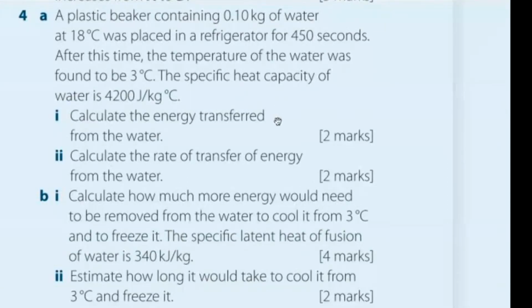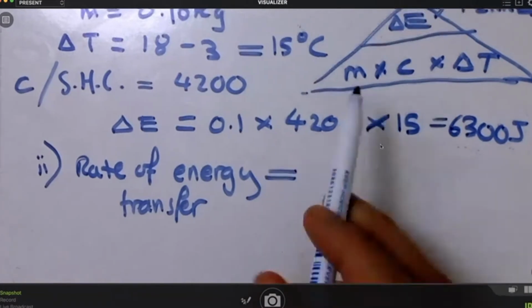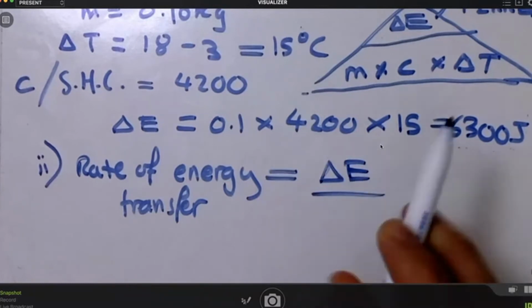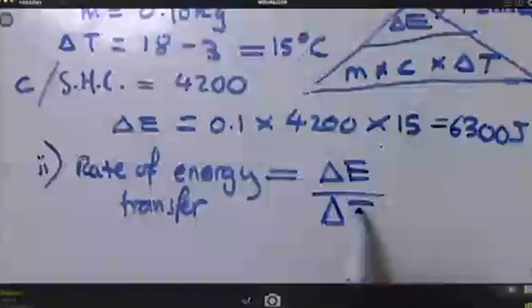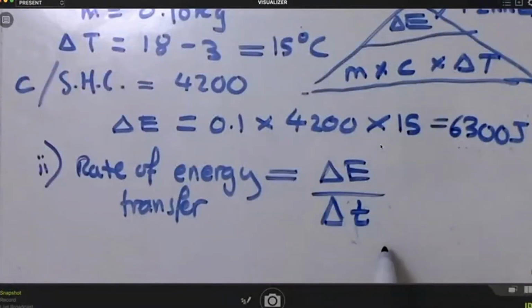So all we need to do now is to divide 6,300. Okay, so rate of energy transfer is equal to obviously your delta E, which is what we've just worked out, over delta t. I'm going to do lowercase t so that you don't get confused with temperature. So it's just basically the energy over the time taken.